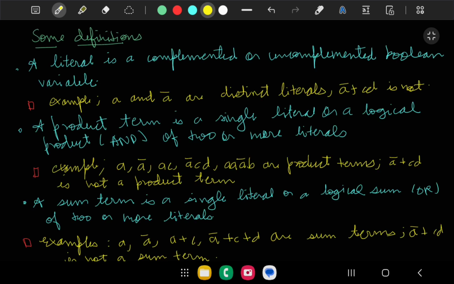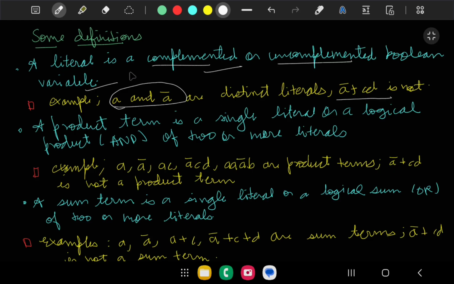So see, a literal is a complemented or uncomplemented Boolean variable. For example, A and A bar are different literal. But this is not a literal. A bar plus CD. Literal means a variable or its complement.